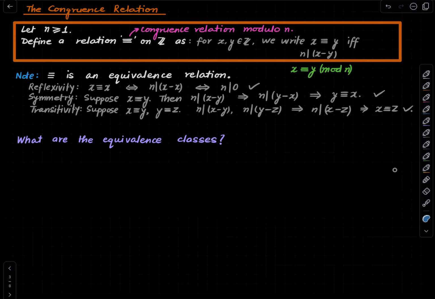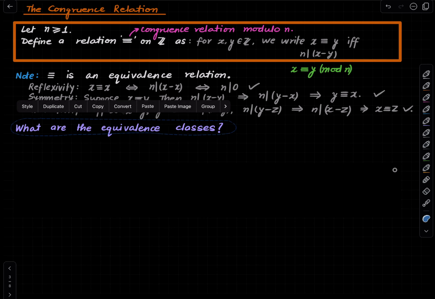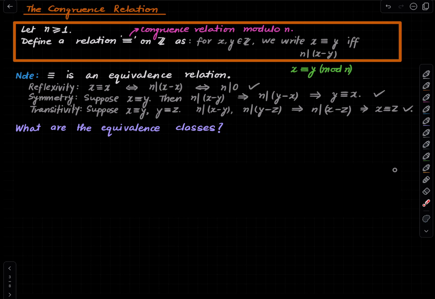So given any equivalence relation, we get equivalence classes. Suppose you have an equivalence relation on a set X, and let's denote the equivalence relation by tilde. Then the set X is partitioned by the equivalence classes under tilde. What are the equivalence classes? By definition, you pick any element x in X. The equivalence class of x is all the things in capital X which are related to little x.